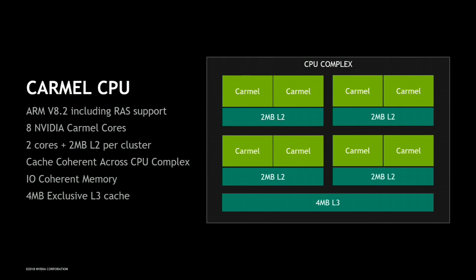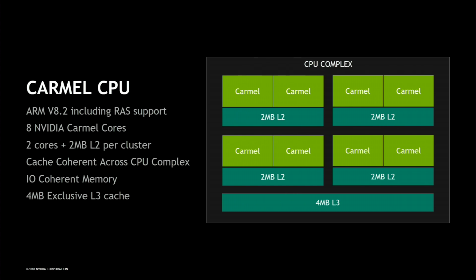So our Carmel CPU cluster, we have 8 cores. These are ARM v8.2, and we include ARM's RAS support, so we've built our safety, reliability around the ARM standard for RAS. The clusters are made up of 2 cores each, sharing a 2 megabyte L2.